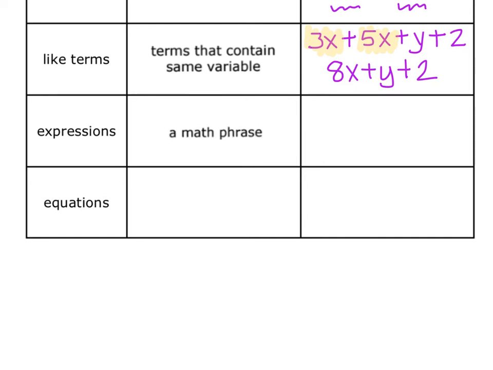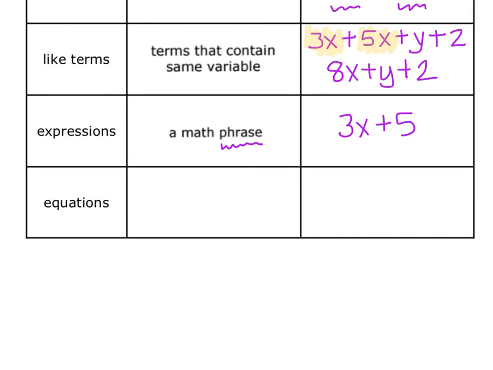Just like in English, that phrase is kind of telling us what's going on. It's not a complete thought. It's not a complete sentence. So a math phrase would be something like 3x plus 5.